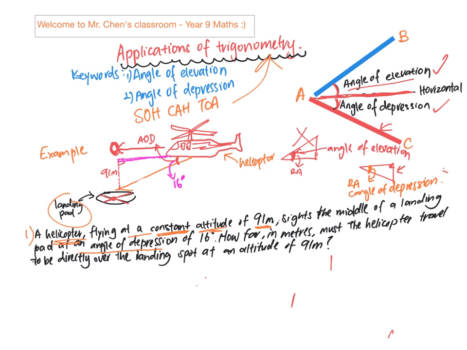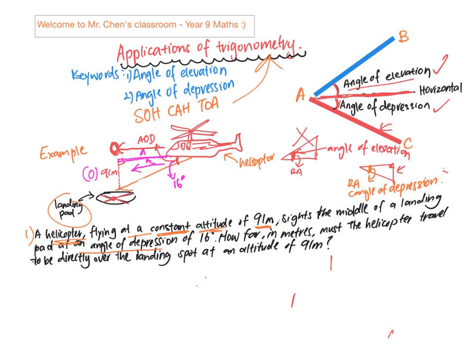So from there we also know that the 91 meters is the opposite, and we are looking to find that one, which is your adjacent.